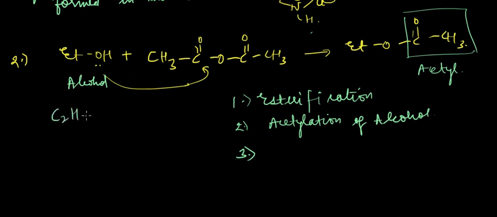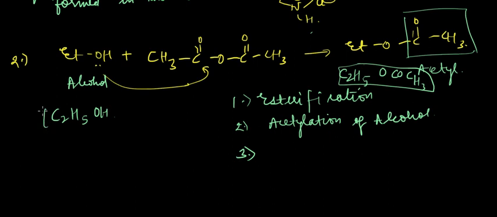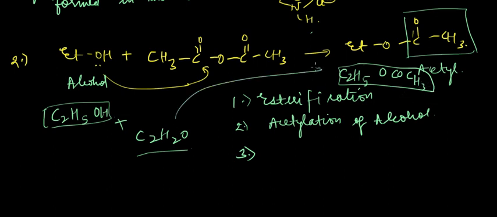Here we had C2H5OH, and here we have C2H5OCOCH3. In other terms, the molecular weight, or the number of atoms, increased by C2H2O. If you add C2H2O, you will get this compound, as far as the number of atoms in reactants and products is concerned. So the molecular weight would increase by 42.